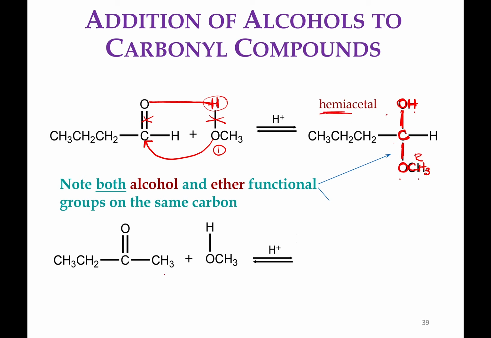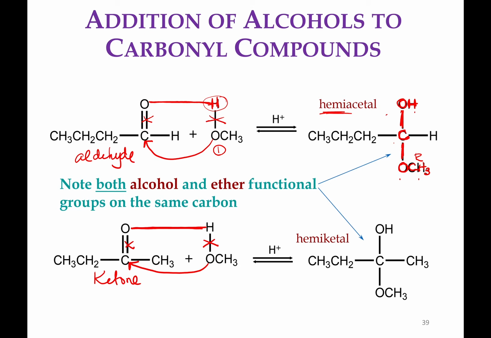Here we have a ketal, so we have an aldehyde here at the top. Here we have a ketone at the bottom. We're going to get that same reaction. This gets the hydrogen, this gets the oxygen, bond breaks, and we end up with this product. This is a hemiketal, a half of one, because we still have a hydrogen here.